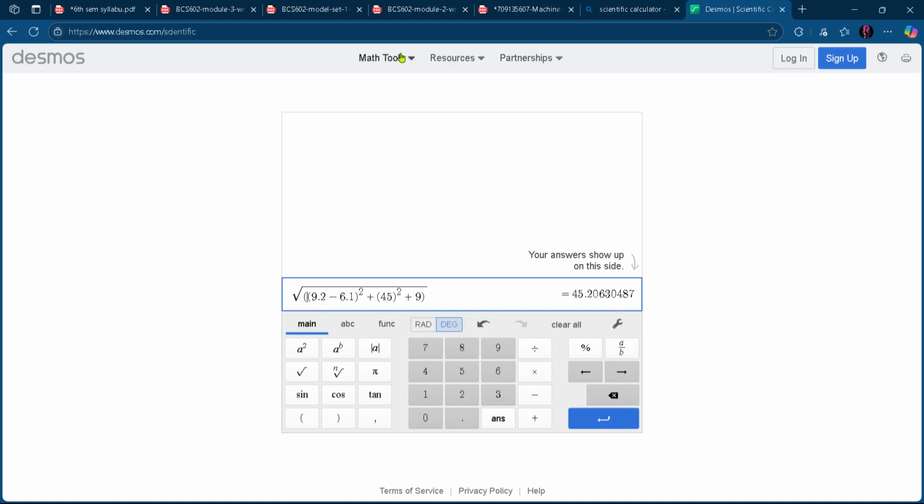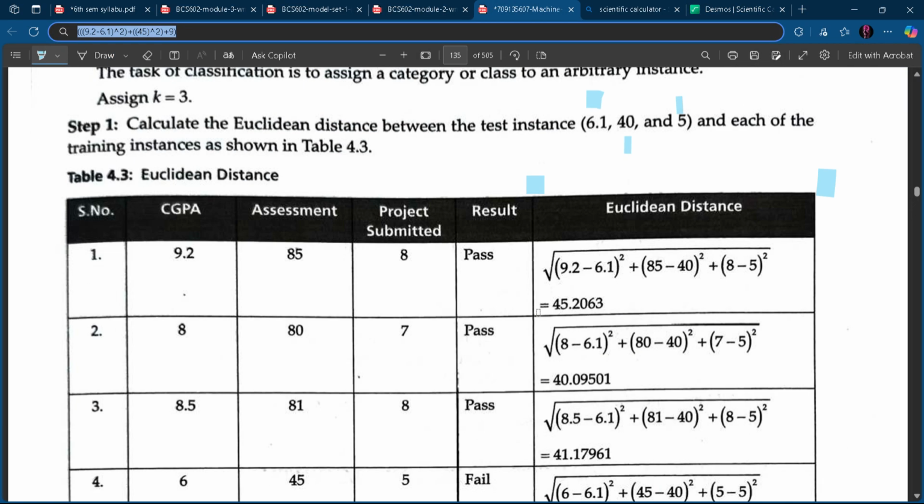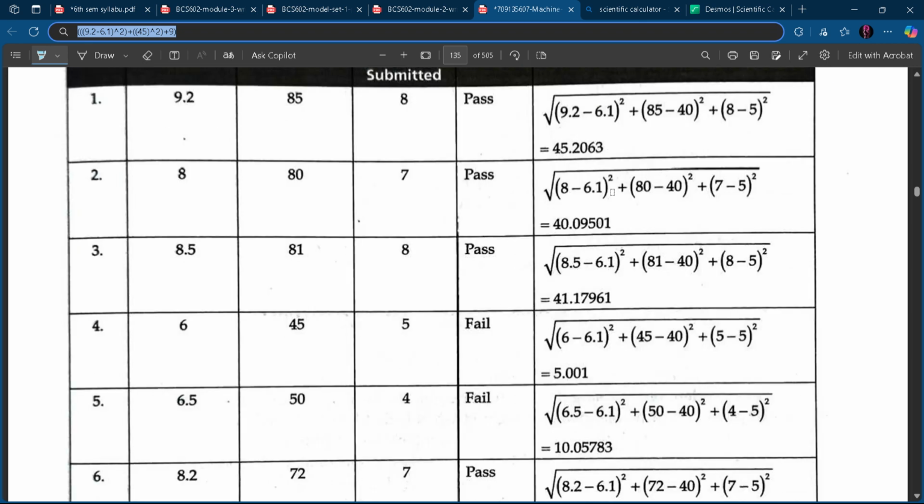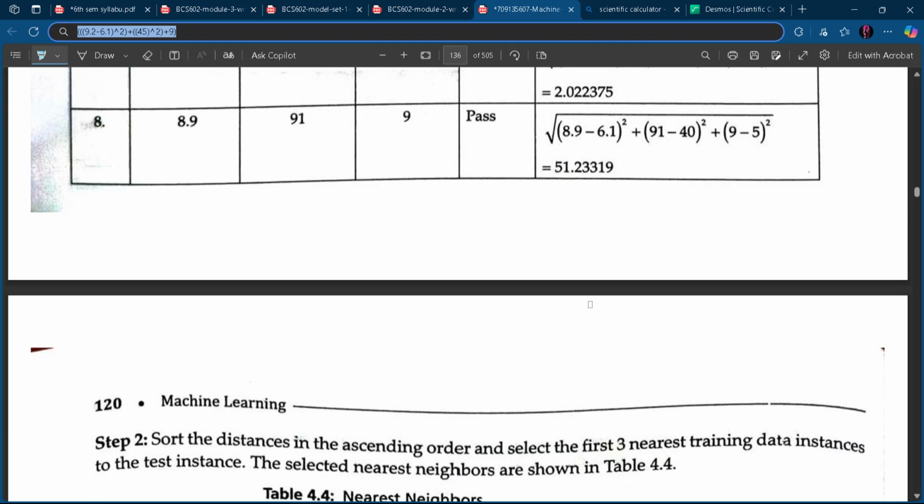See, simple. Sorry, I wasted a lot of time there. So you just have to do it like that. 8 minus 6.1, 8.5, everywhere, just minus. Write the values.